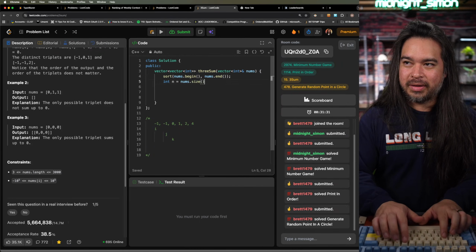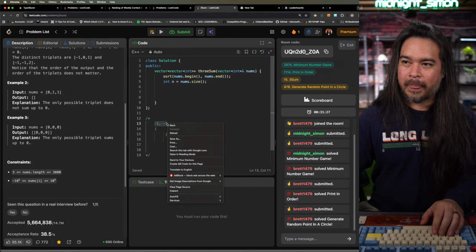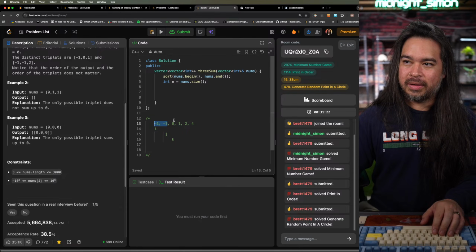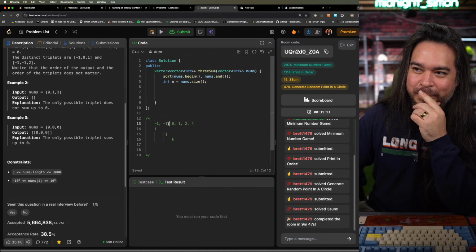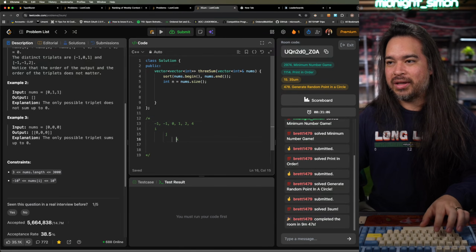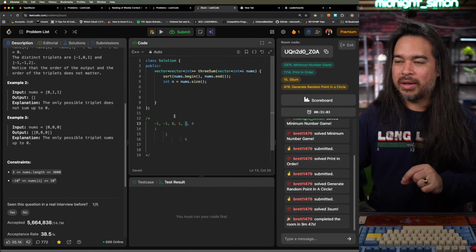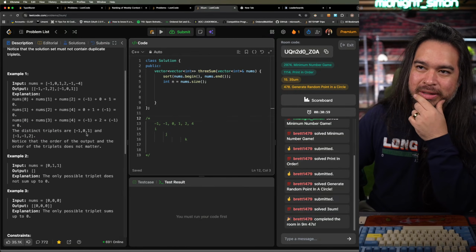But I think if we add up i and j, that's -2, then we can do some type of search. This would be -2, so our target would be +2 for k. If we binary search that, we'd hit that 2, and then how do we get rid of duplicates, man?